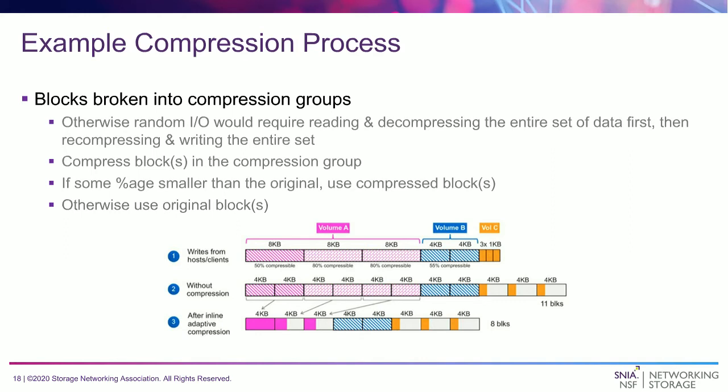The stuff in blue doesn't compress, so let's just use the original. And we end up with 8 blocks as opposed to 11. So compression has saved us some space, and we've only got a small amount of overhead in decompressing some of the data, because we didn't compress stuff that really wasn't that compressible.